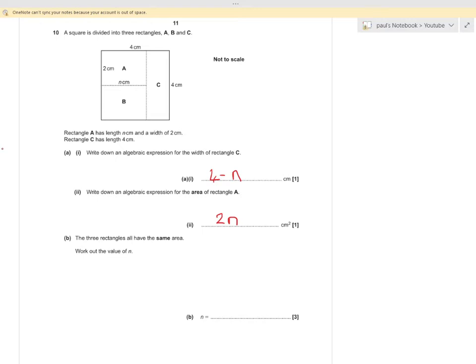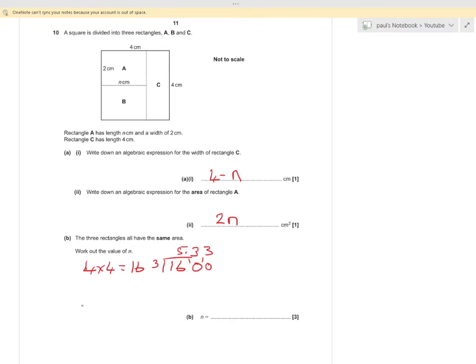Work out the value of n. Oh, okay. So 4 times 4 equals 16. So 16 divided by 3, because there's 3 of them, is 5. Oh, we've got bits left over. So I'll call it 5.33.